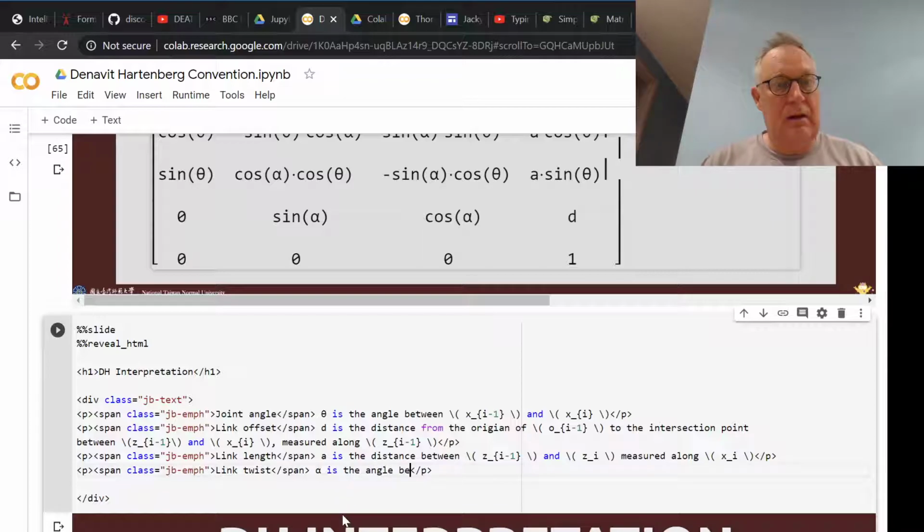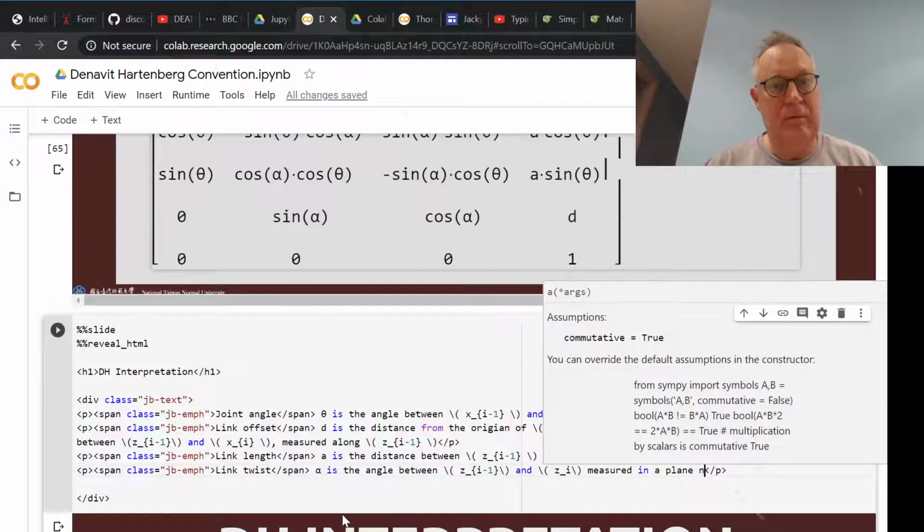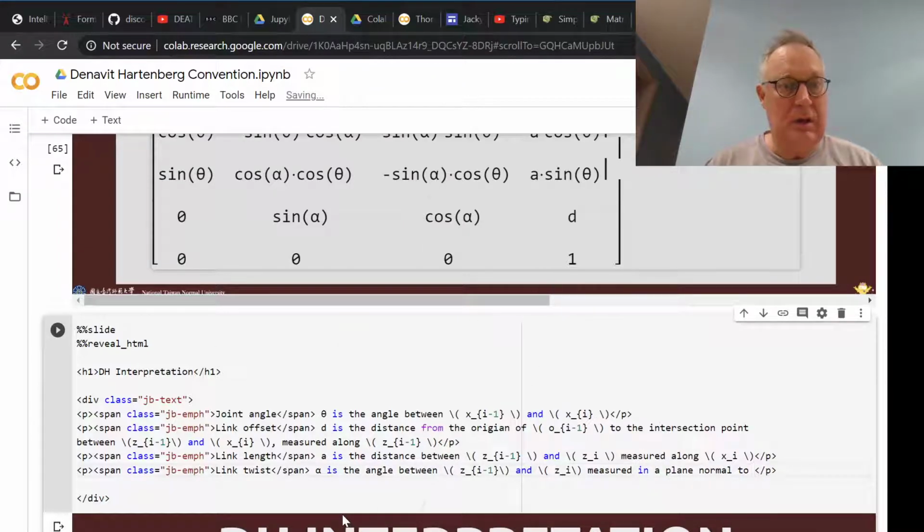So alpha is the angle between z i minus 1 and zi, measured in the plane normal to xi.